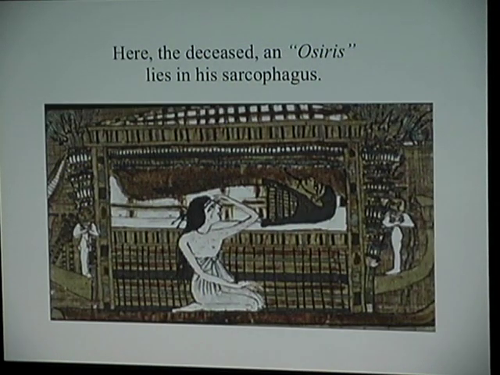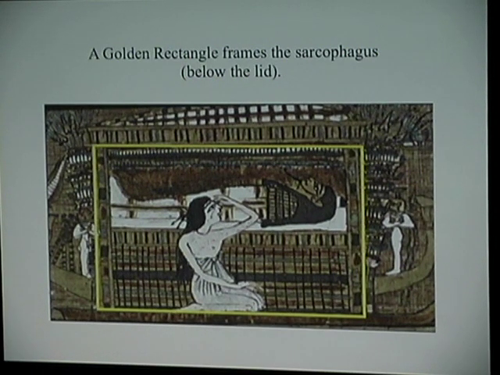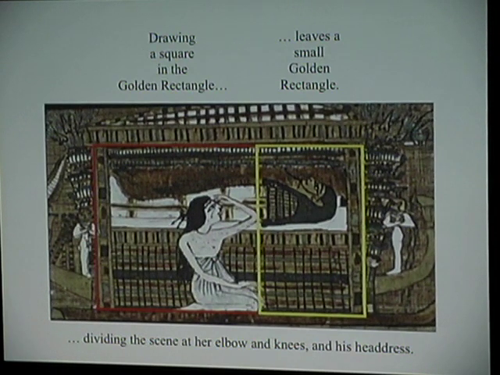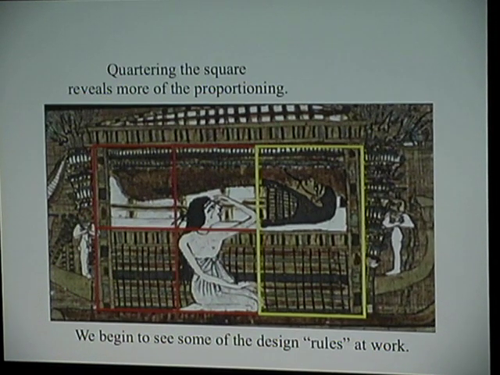Here, the deceased, who is called an Osiris, lies in his sarcophagus, and you can see that the rectangle below the lid is a golden rectangle. If we lop out a square from that, we can see that it clearly defines the earthly sphere where the mourner is mourning, her knees, elbow, and so forth, defines the edge of the headdress.